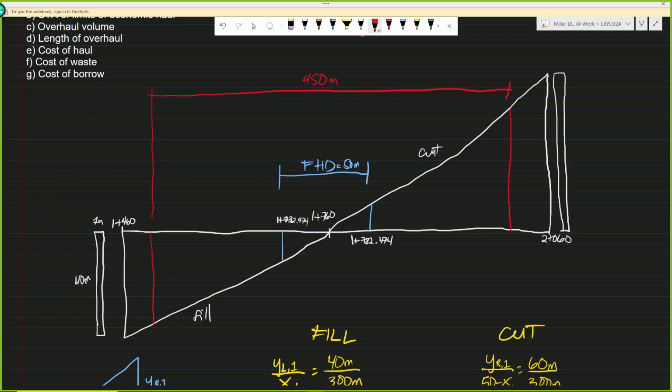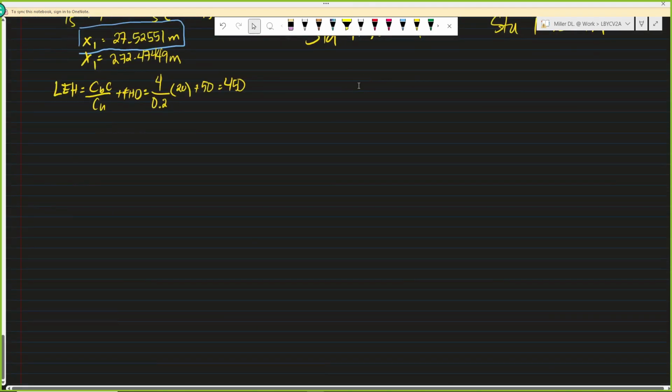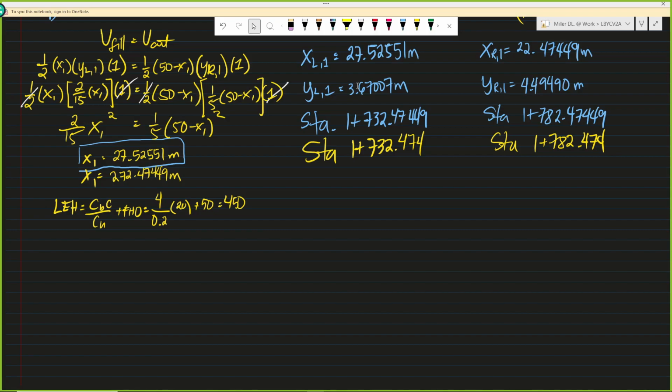Okay, 450 meters. So, likewise, ganun din yung gagawin nating process. Take note ha, iba yung approach na nakalagay sa slide deck tsaka sa approach na ginagawa natin ngayon. Pero it will still yield with the same result. May only discrepancy because of the decimal numbers, but will yield with the same result.